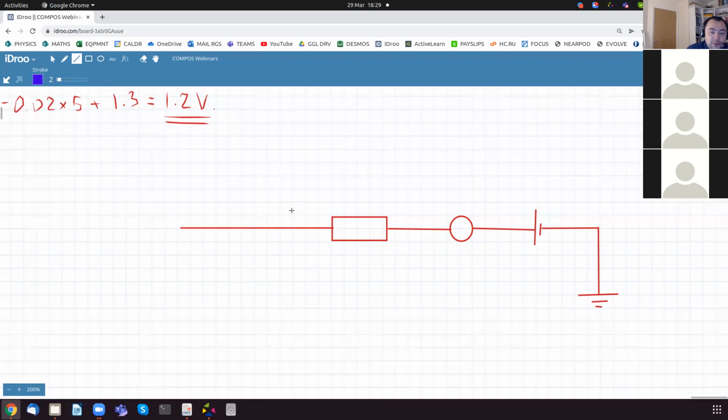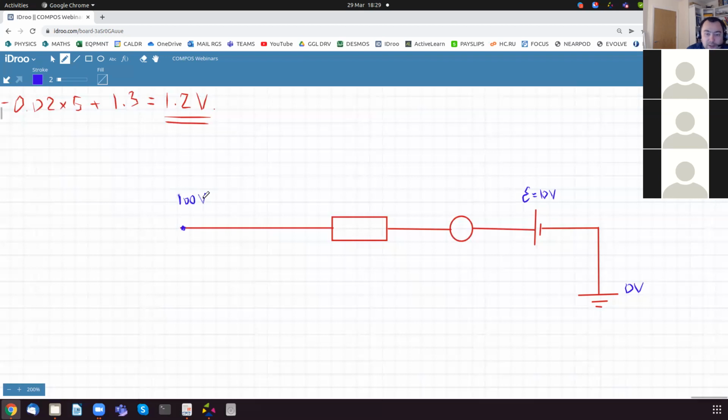The ground is always at 0 volts. This is the potential at the ground, 0 volts. Let's say the battery has EMF 10 volts. And this point on the circuit has potential 100 volts.